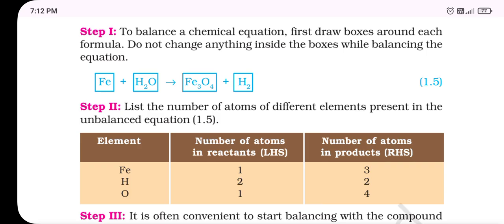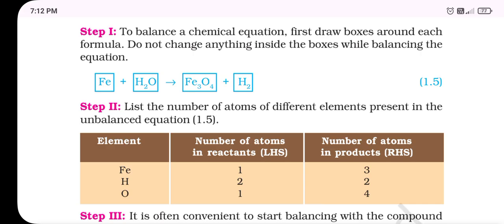The symbol of iron is Fe, the symbol of hydrogen is H, and the symbol of oxygen is O. But in chemical reactions you write it as O2. Why? Because oxygen is present in nature in O2 form.